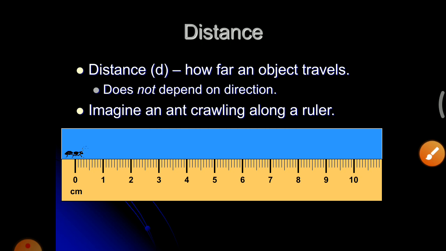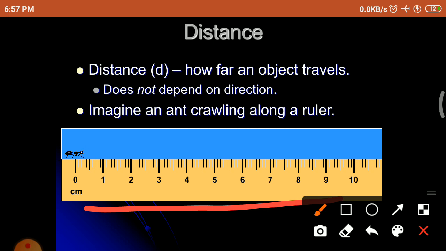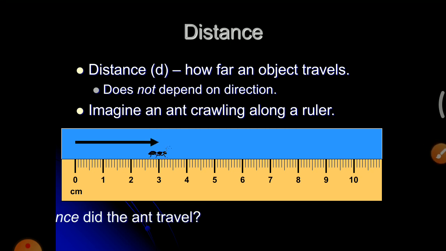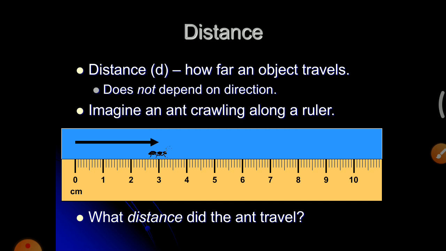Imagine an ant traveling along a ruler. Look here, this is a ruler, this is an ant. Here the ant is traveling along the ruler. So what distance did the ant travel?